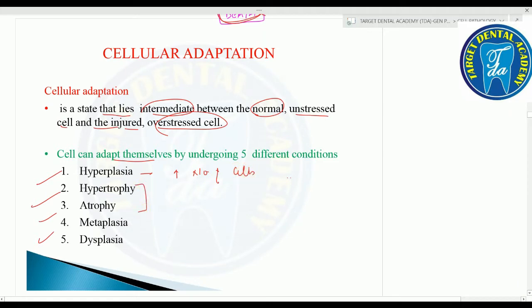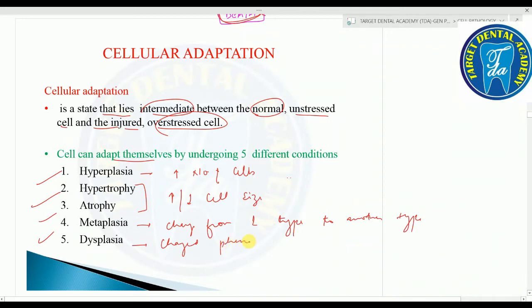Hypertrophy and atrophy mean an increase or decrease in cell size. Metaplasia means a change from one type to another type. And dysplasia means a change in phenotypic differentiation.